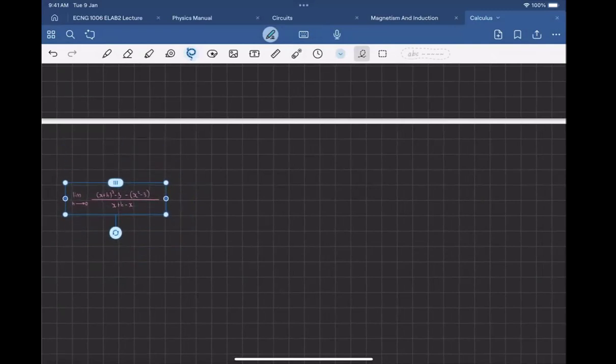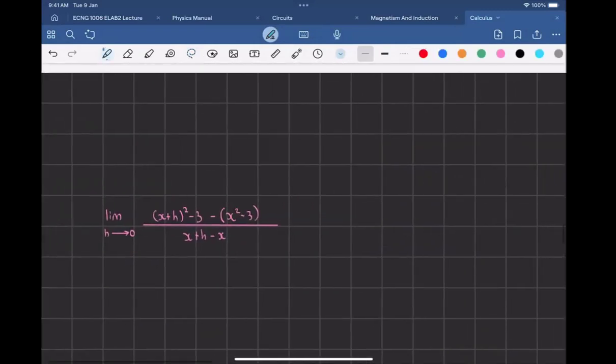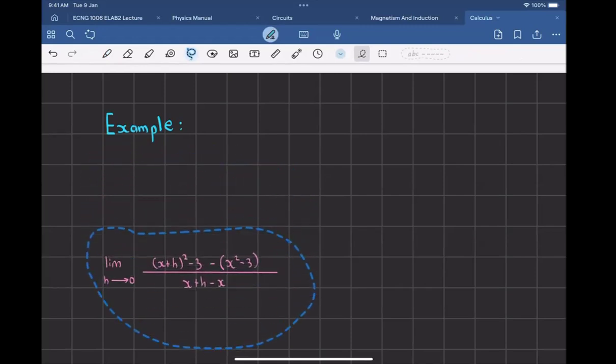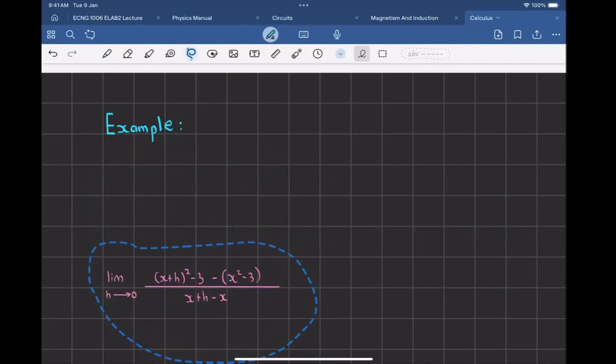Before we do the actual question, let me just look at this example. With these kinds of questions, Amy, do you remember the main steps? Anytime you have a question like this, what are the main steps?